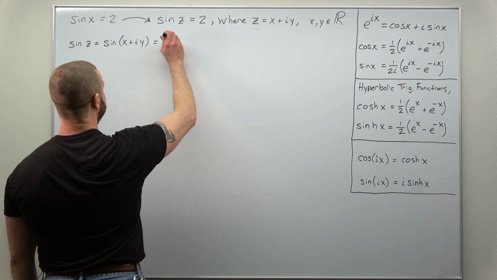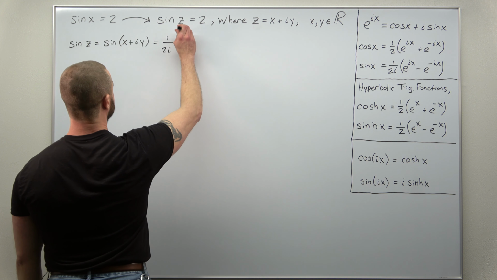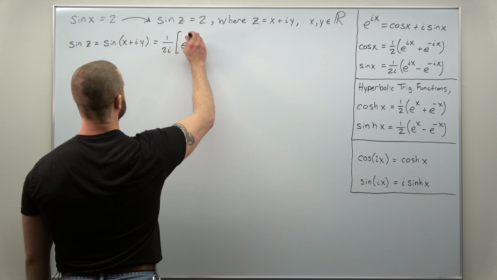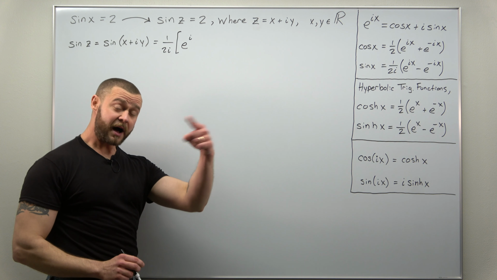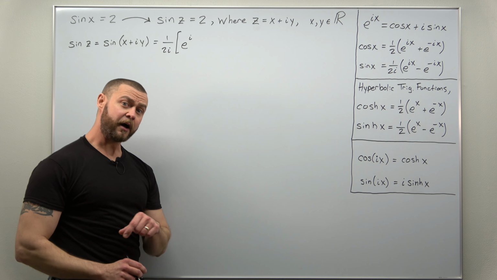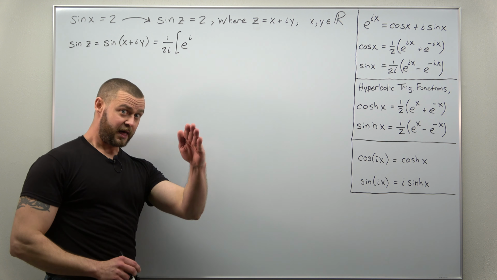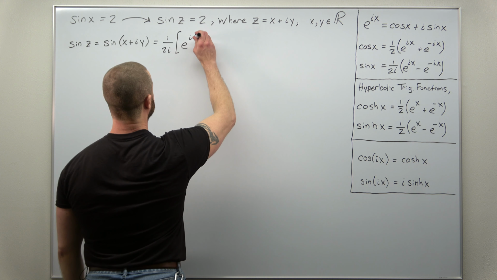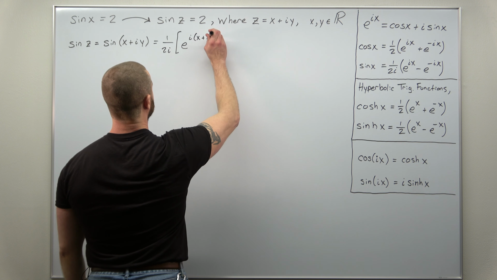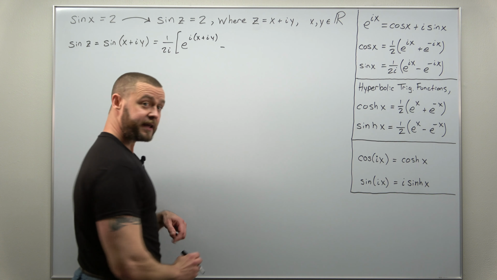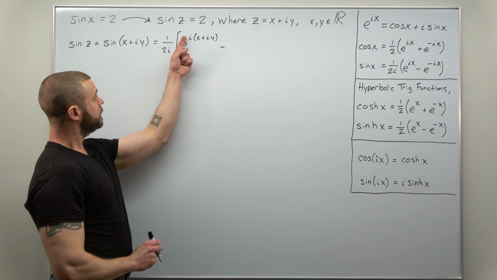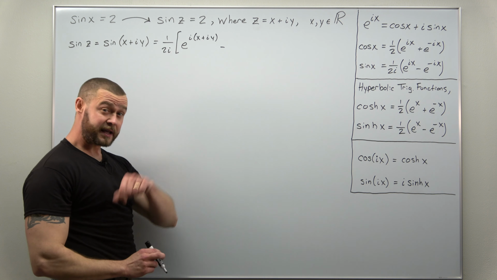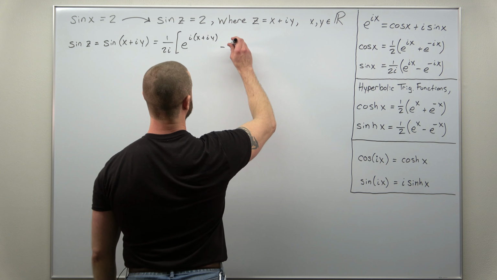So let's make that our first step. Our identity gives us a factor of 1 over 2i. And we get e to the positive i, but now that's the input x plus iy. And the identity gives us a minus, a similar term, but with an e to the negative i times the input.